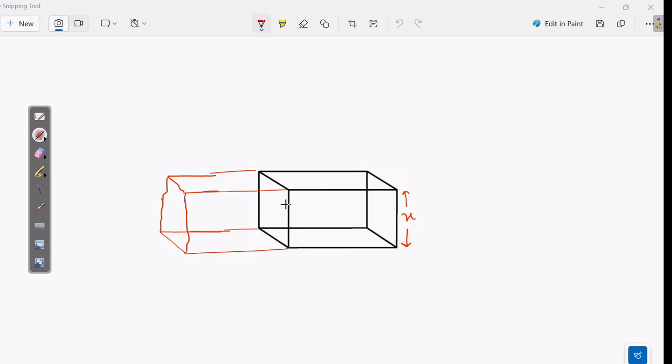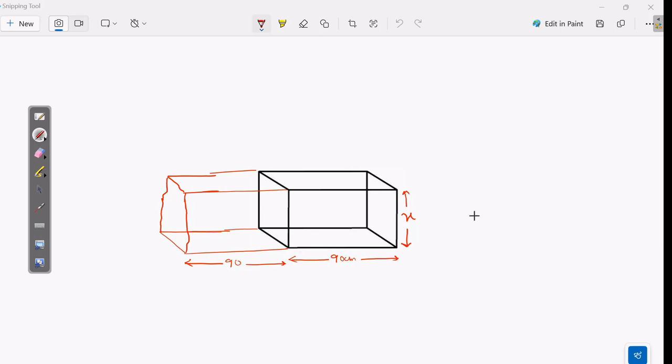Okay, they have given us this height, so this is 90 centimeters. This one is also 90, because there is no other dimension. You just have a width, which is the square base, and then you have the length.